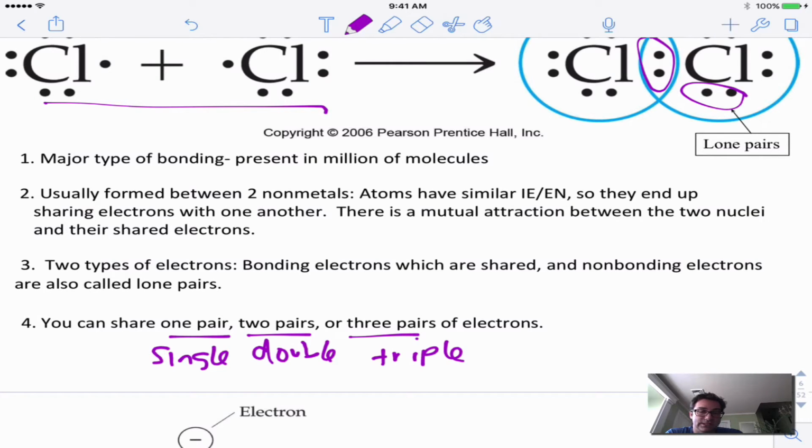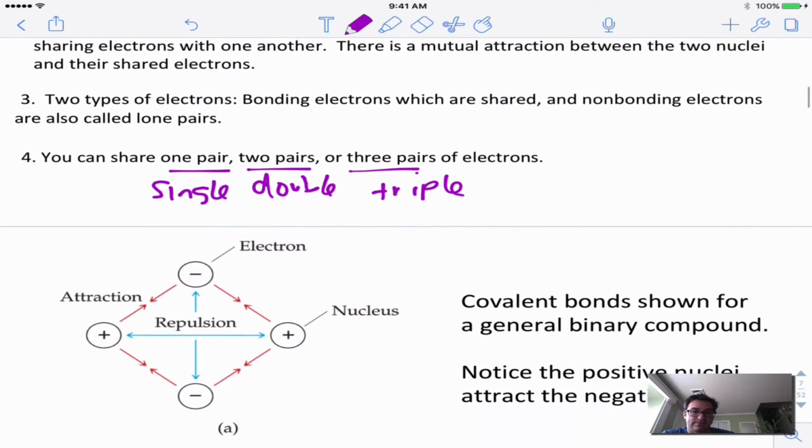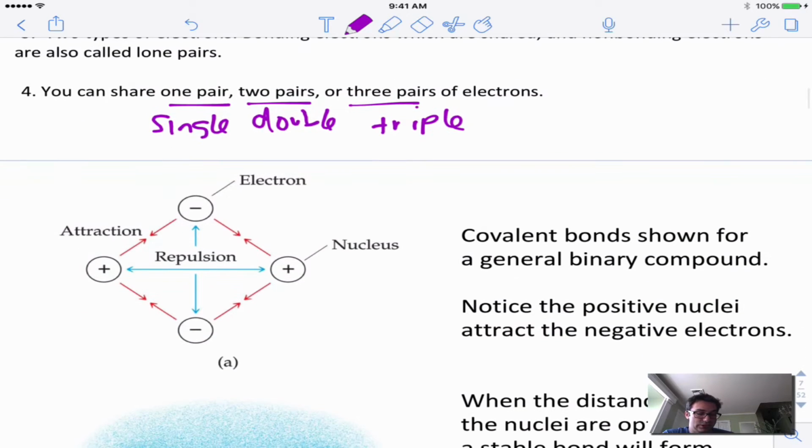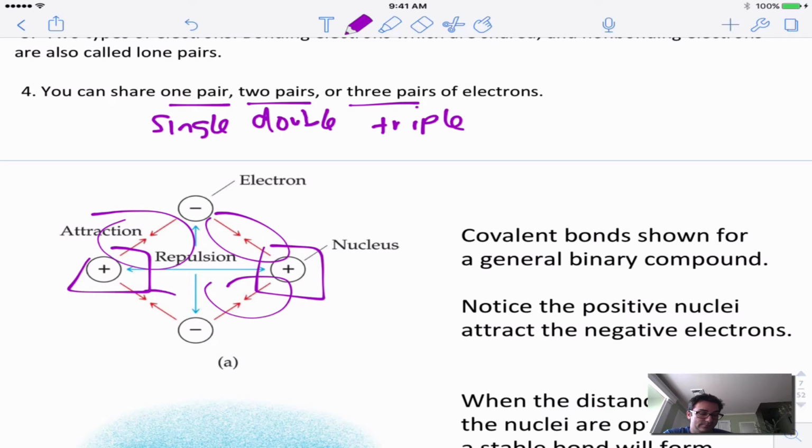Now what's holding these atoms together in a molecule? Well, it's the same thing that we've seen in ionic bonding. It's electrostatic charges. So here I show 2 nuclei, and the electrons between the nuclei are going to attract the nuclei. It shows the attraction in red here. So the 2 nuclei are attracting the electrons between them.